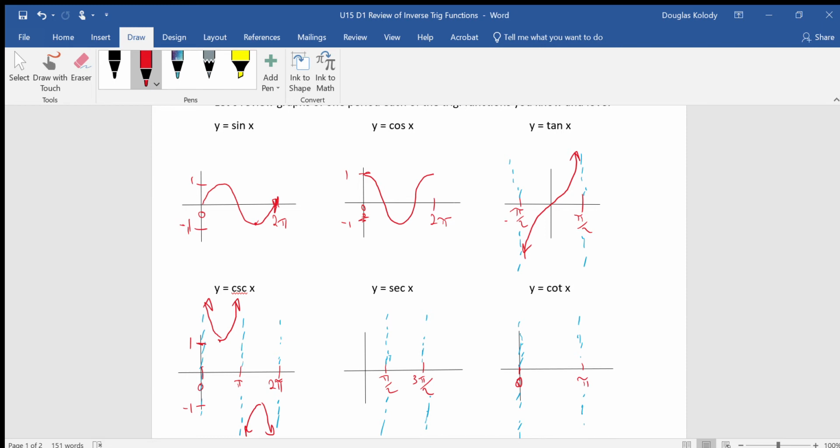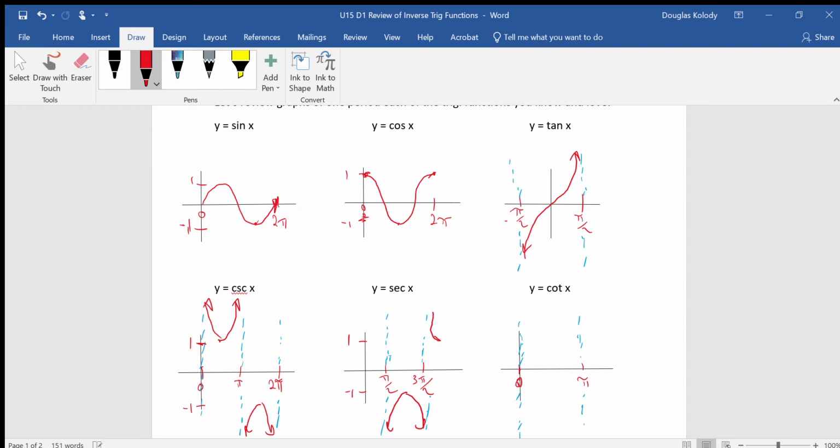Cosine's reciprocal is secant, so a valley right there at -1. Remember here, downward parabola. And because we're only graphing one period of secant, we're starting right here at the peak of cosine, and we're going inward from there. So we're starting at 1, and we are doing half a parabola opening up.